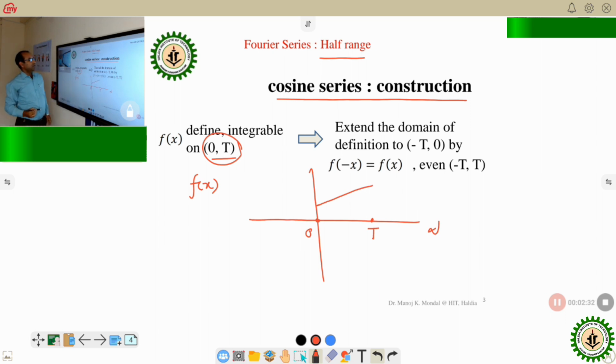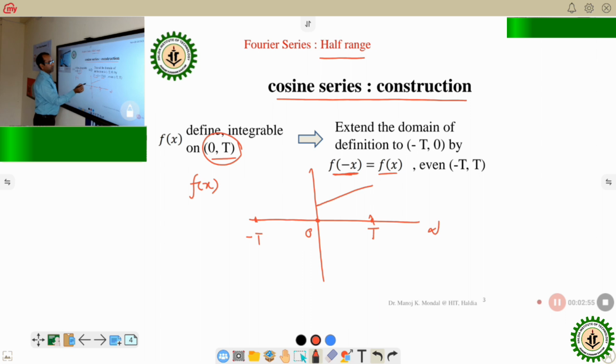So our target is to convert this function to the whole range, meaning the interval from minus t to plus t. How can we construct the function here? We construct it in such a way that f of minus x will be equal to f of x, the given function.